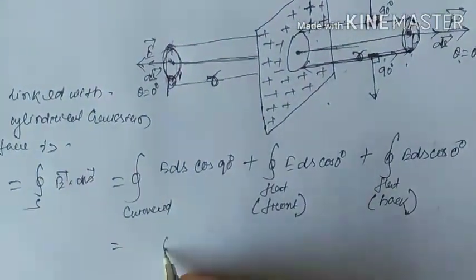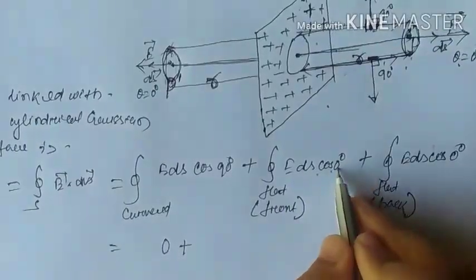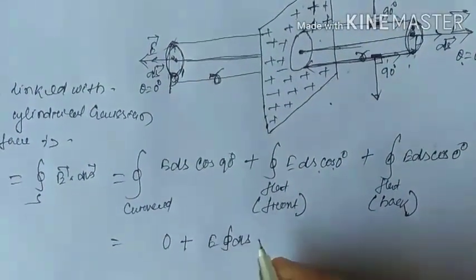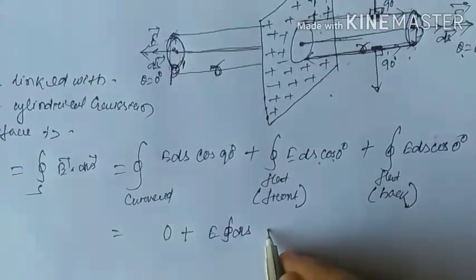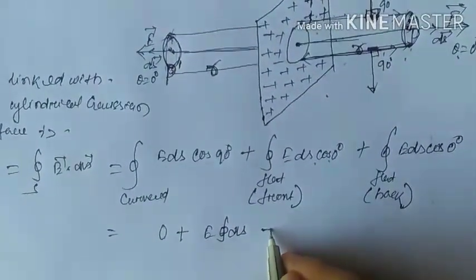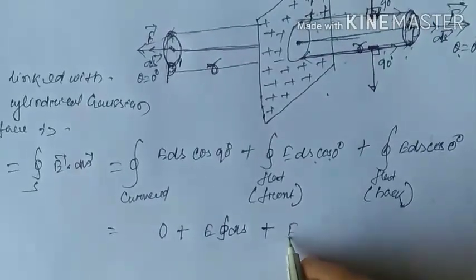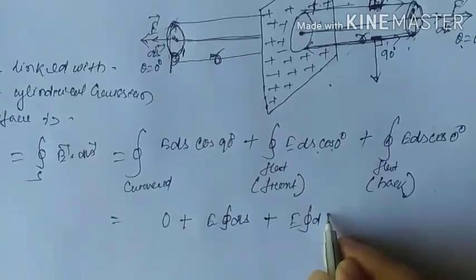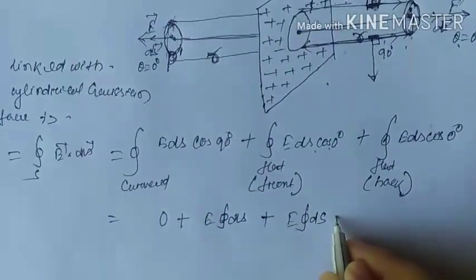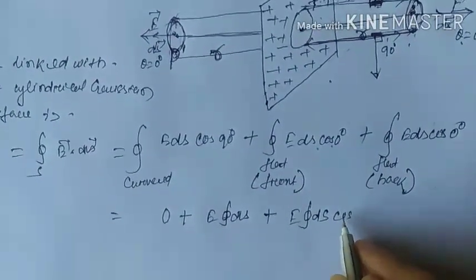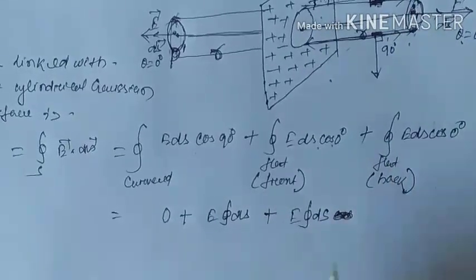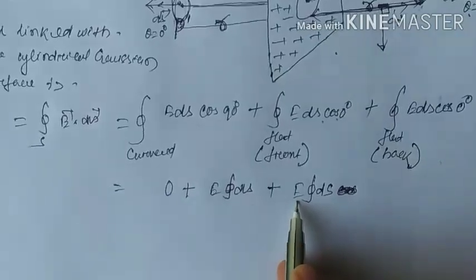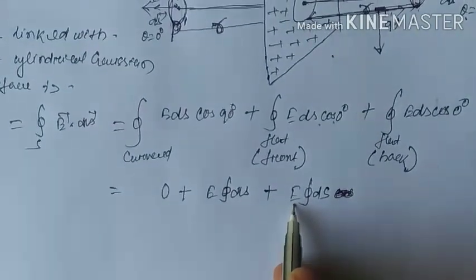So for this cos 90 is 0, for this cos 0 is 1, so E integration ds, plus for this also we can take E outside, it is ds, so E ds plus E ds, right?